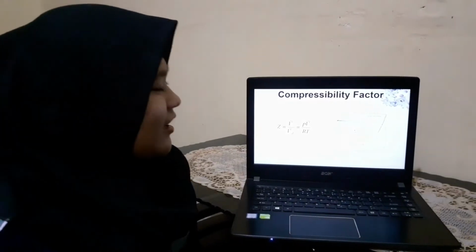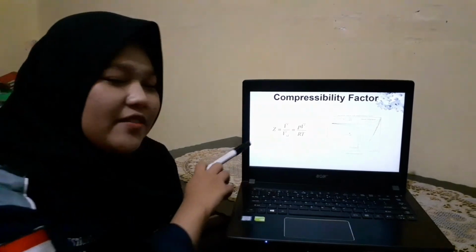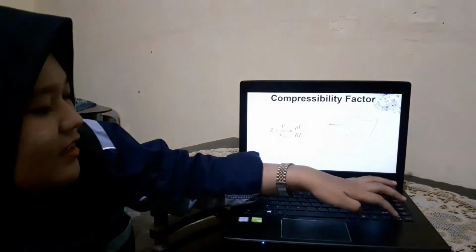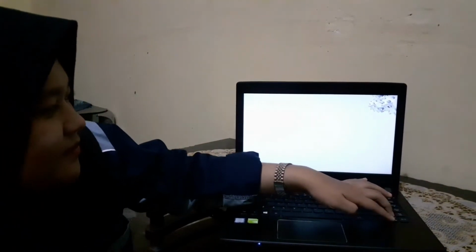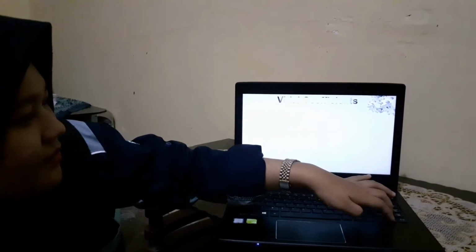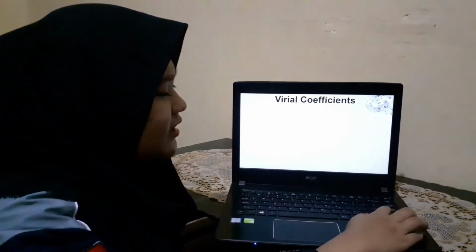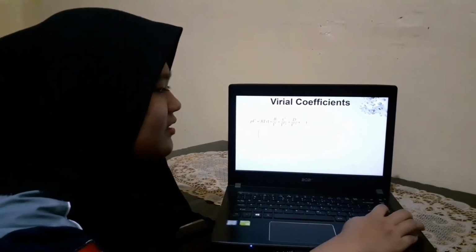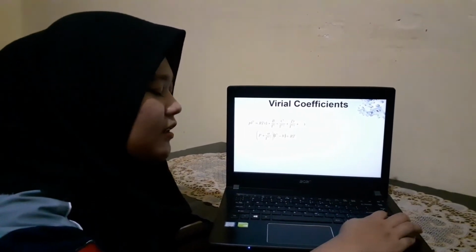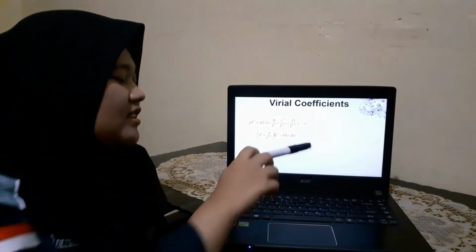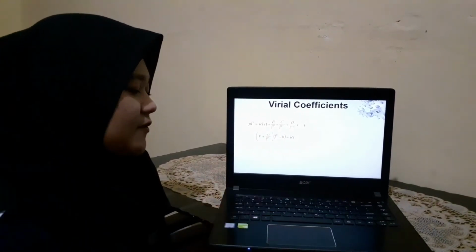Okay, after we know about the compressibility factor, we learn about the virial coefficient. The virial coefficient comes from the Van der Waals equation. This is the Van der Waals equation.